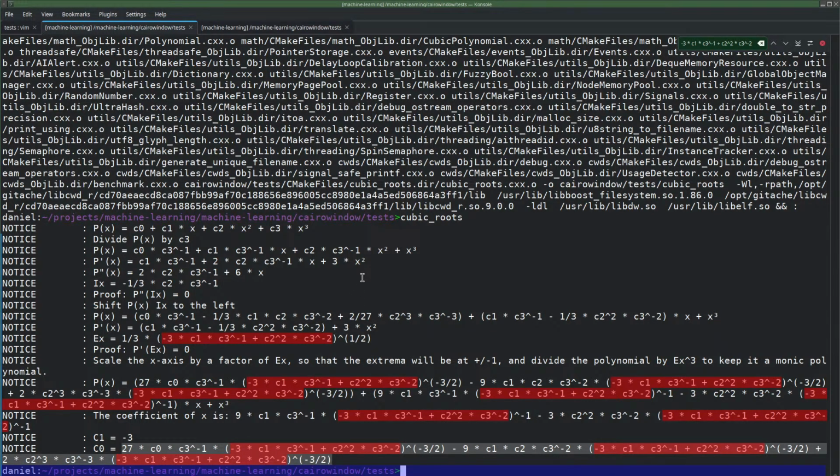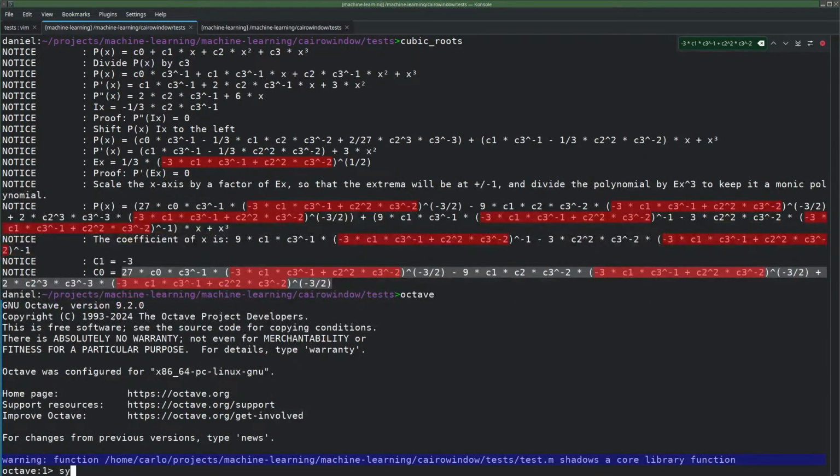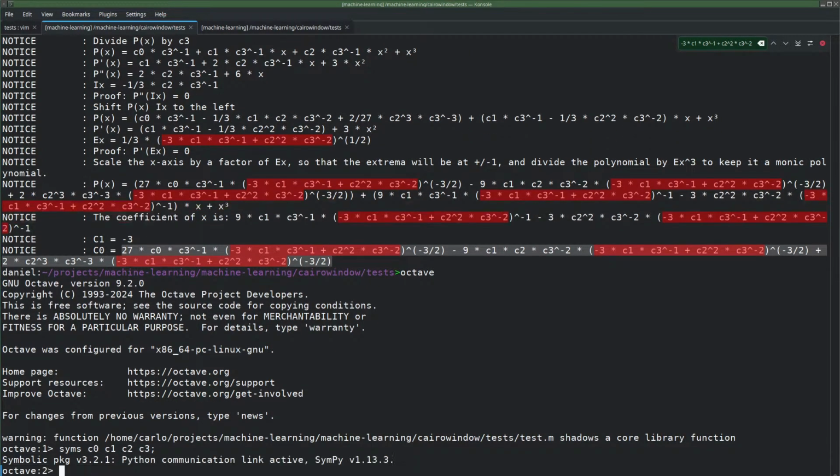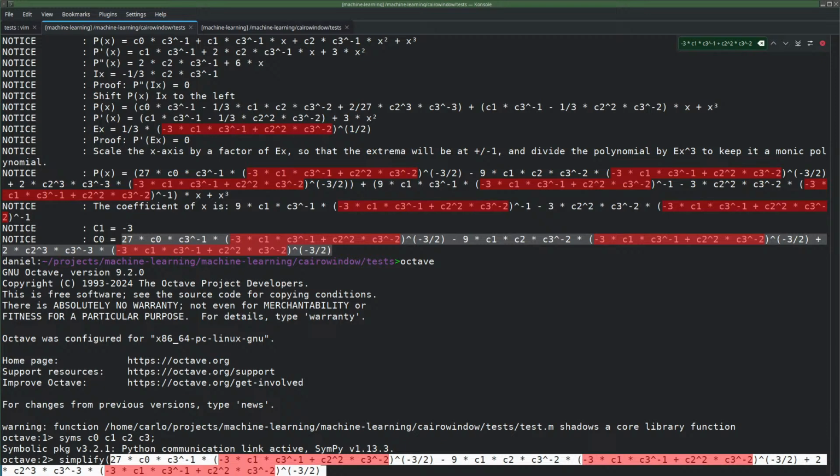I thought it can be simplified as well. So, Octave sims. This thing contains everything. Simplify that expression.